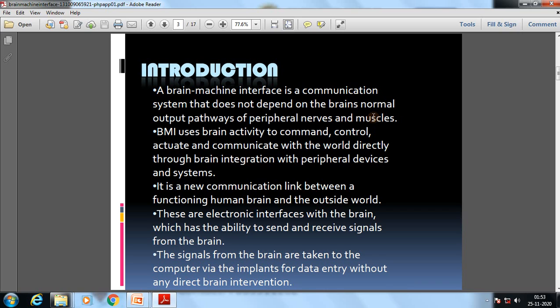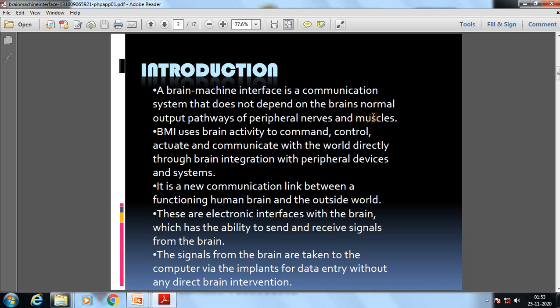What we use is brain activity to command, control, actuate and communicate with the world directly through brain integration with peripheral devices and systems. So I will conduct an operation where my peripheral devices will act according to the command of my brain. This is the function of a brain machine interface.